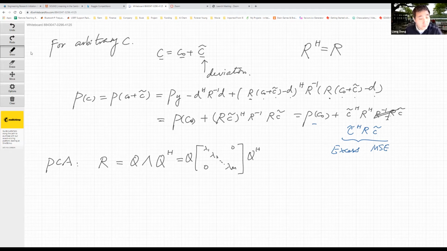And we know the elements of R can be complex, right? Because in general, my signals X and Y are complex. But because of this very nice feature of a positive semi-definite matrix, these eigenvalues are all real, and they are all non-negative. As a matter of fact, they represent the power in the subspace of the matrix. And we will talk about this momentarily.